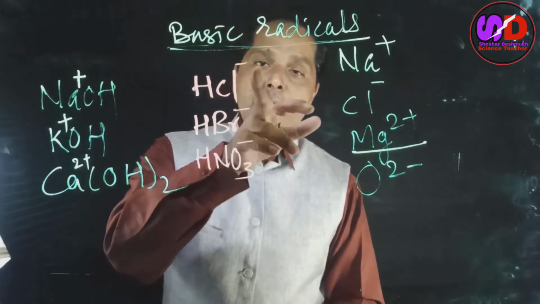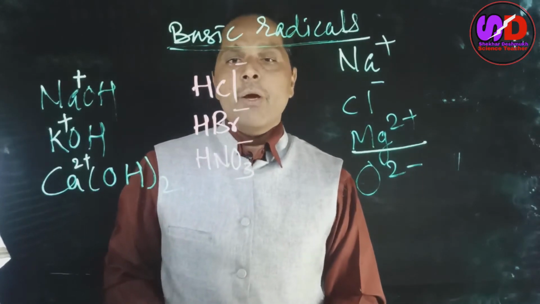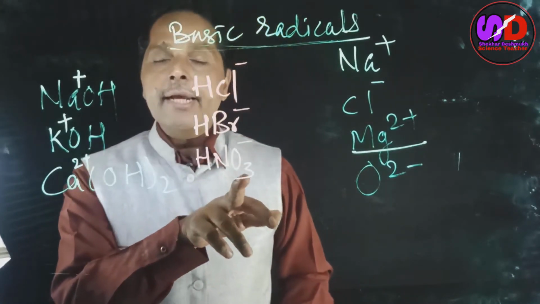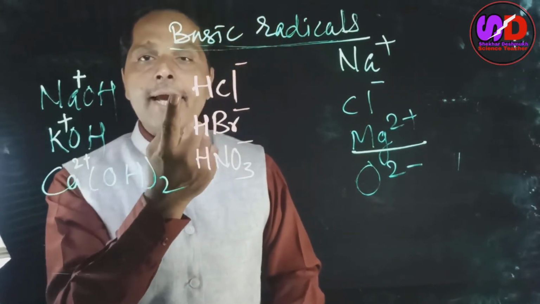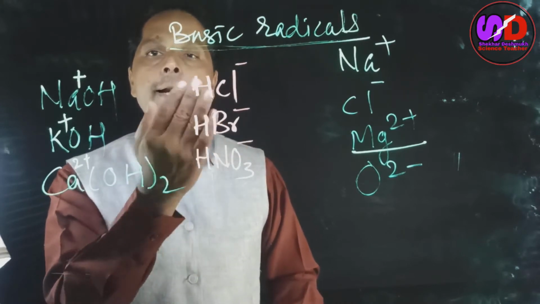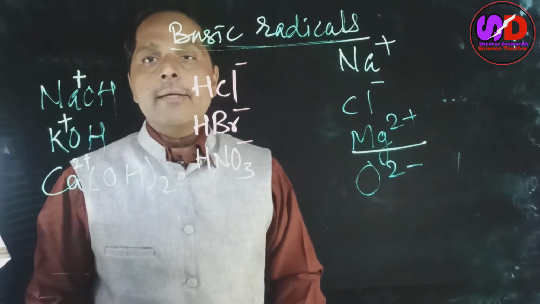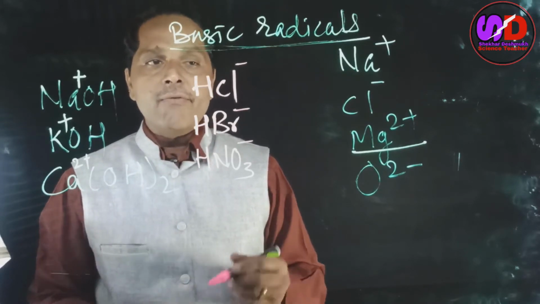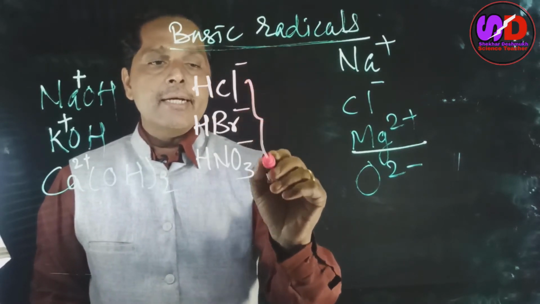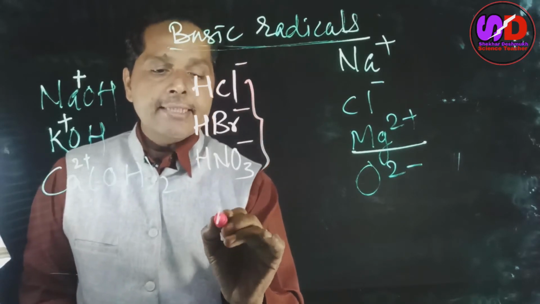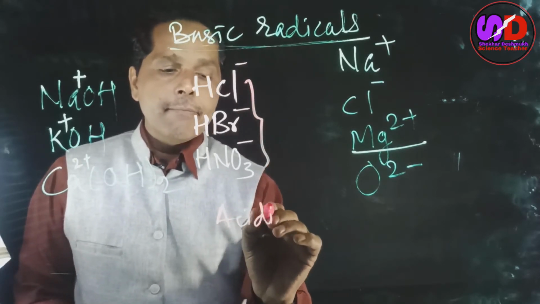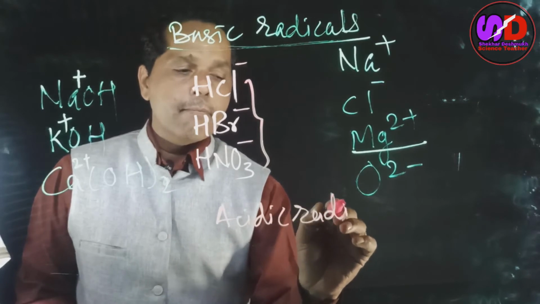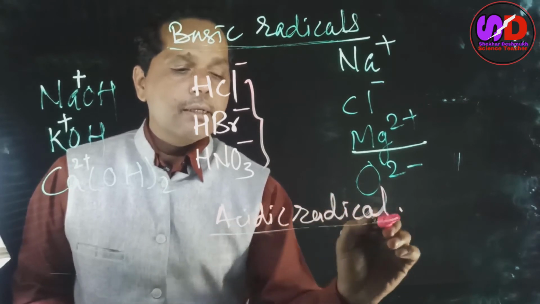These are negative radicals. Whenever these different negative radicals react with H positive, that means hydrogen cation, then an acid is formed, and therefore these three radicals are called acidic radicals.